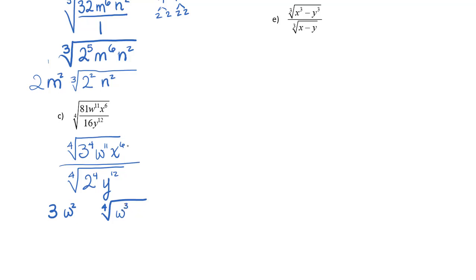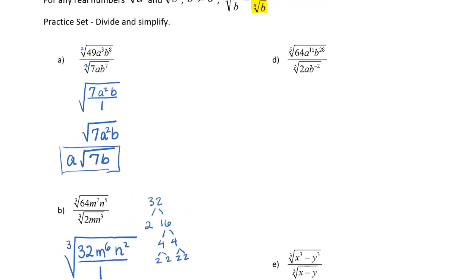X to the 6th comes out once, with x to the second inside. In the denominator, 2 comes out, and y also comes out 3 times. No remainders in the denominator.